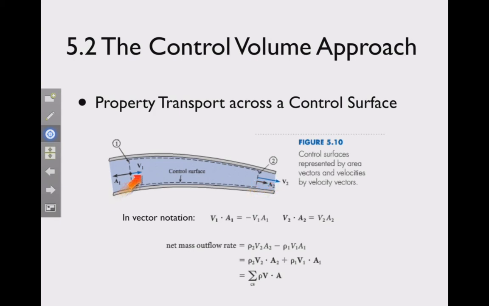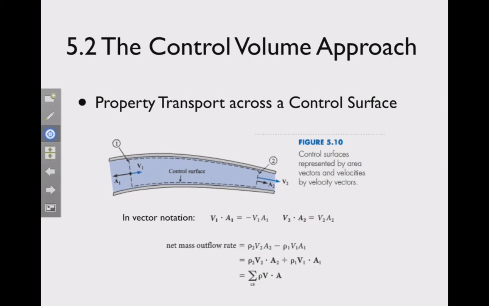Note that V1 and A1 are in opposite directions for this case, whereas A2 and V2 are in the same direction. So when we work out these dot products, the cosine for V1 and A1 becomes the cosine of 180 degrees, because they're 180 degrees off, which gives you -1. And in the other case, we have the cosine of 0 because they're in the same direction, and that gives 1.